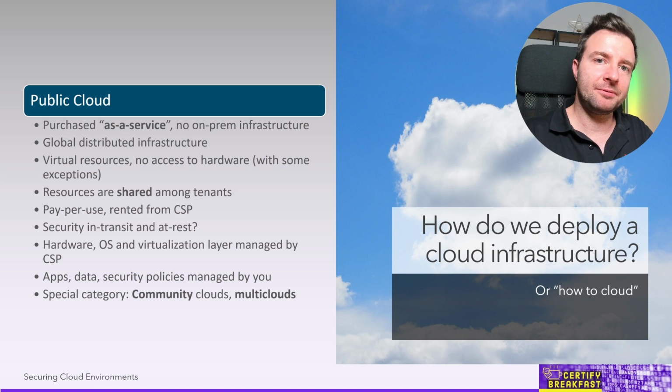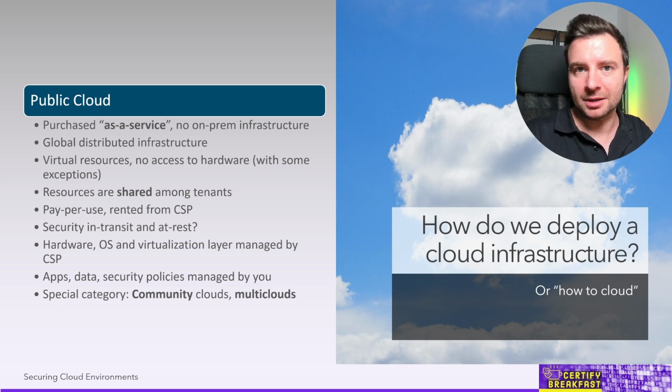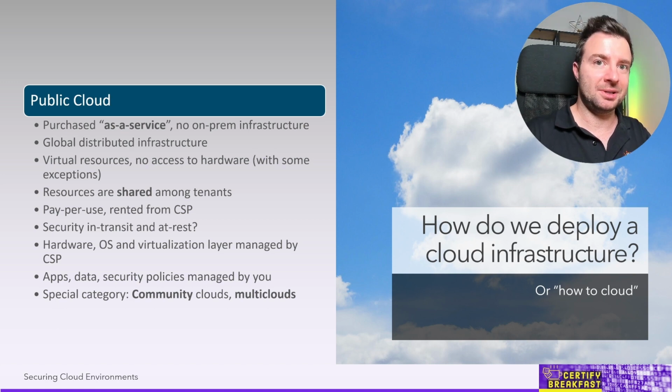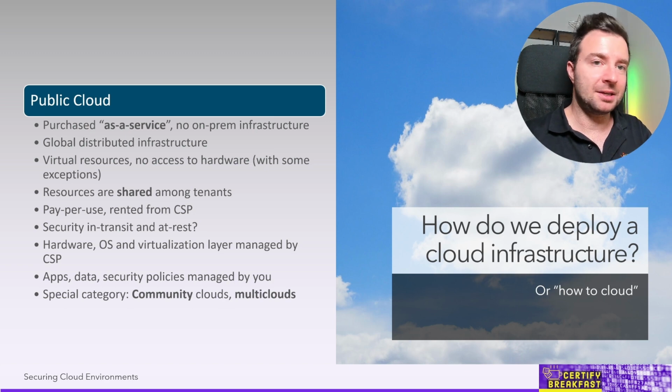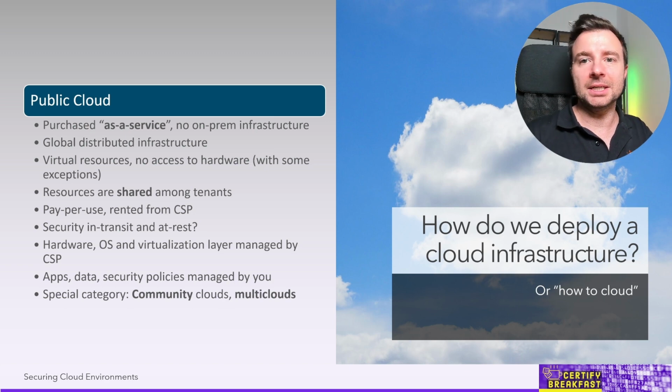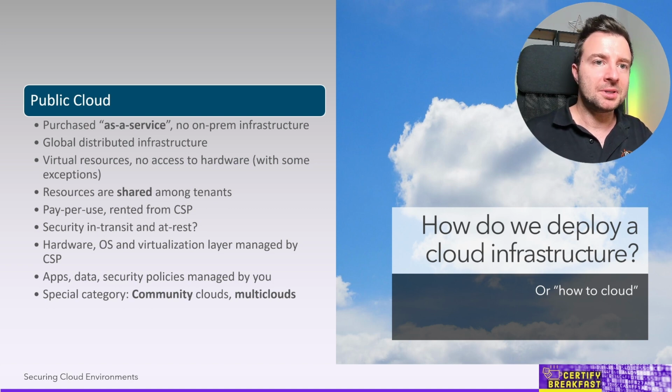So first, let's review the available cloud deployment models. So how do you actually purchase something in a cloud, or what type of clouds are there? Starting with the public cloud, because this is the one that pretty much everybody thinks about whenever they hear the word cloud. This is the realm of Azure, AWS, Google Cloud, Oracle Cloud Infrastructure, and so on.